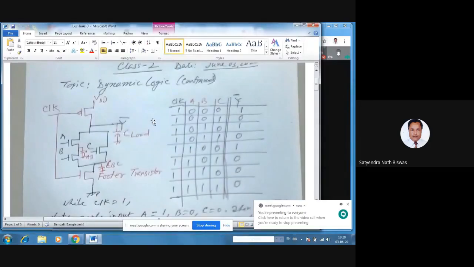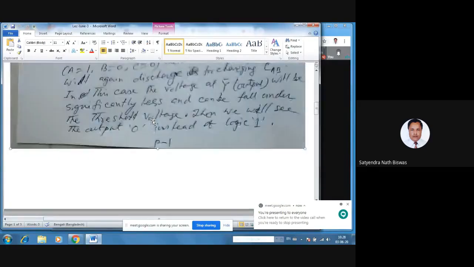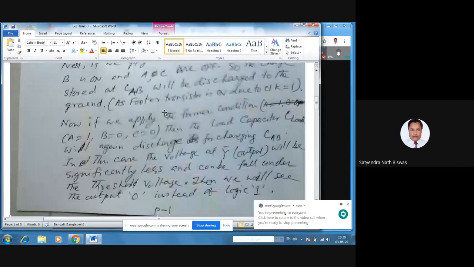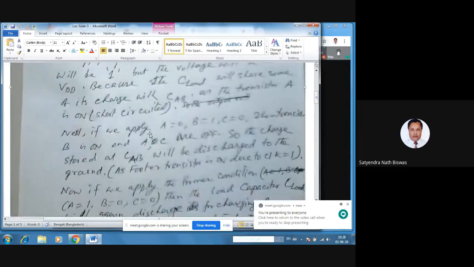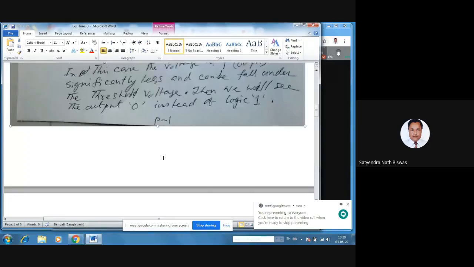So how can we fix this? In order to fix this, this is what I have said. These are written here, so you can read it. And this is the modified diagram.